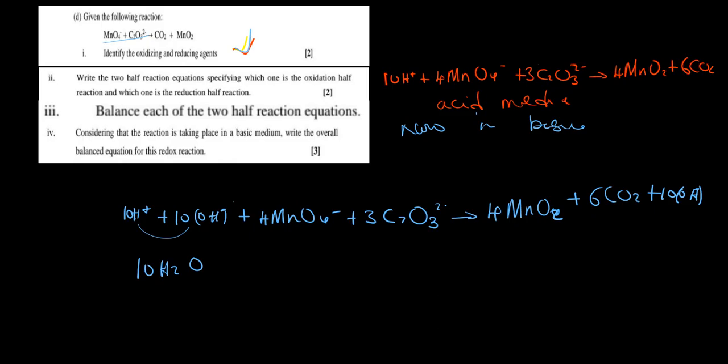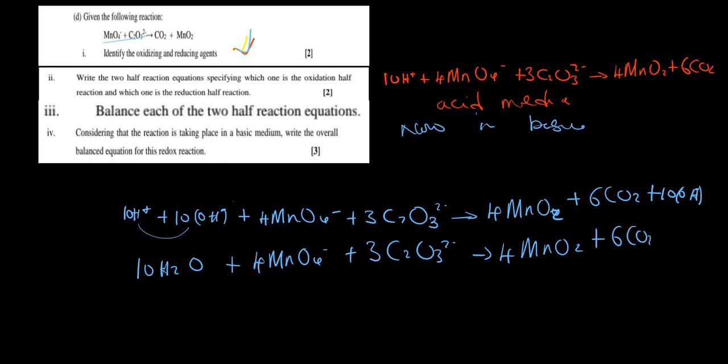All right, then plus 4, you just repeat the same, plus 3 chromium, like that, plus 4 Mn, like that, then 6 carbon dioxide plus 10 hydroxide, like that with the negative there.